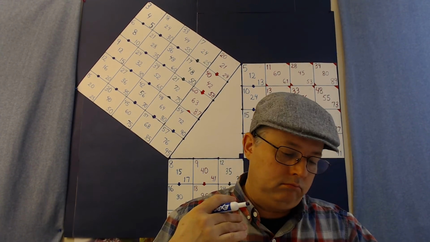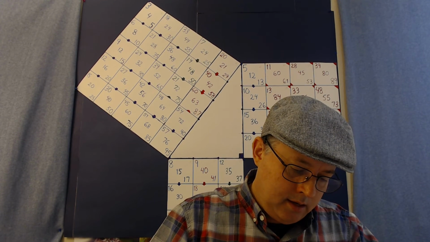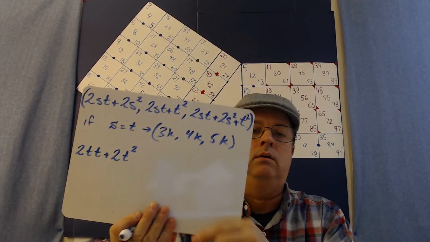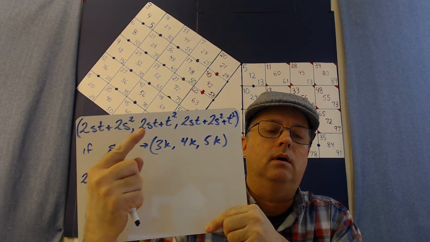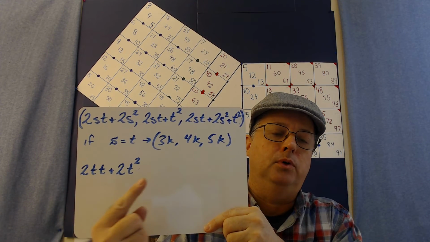And so let's just, since s is equal to t, put t everywhere. And so we have 2t plus 2t squared. Okay, so that's the first part of our Pythagorean triple generating formula here. And so we just put t everywhere.